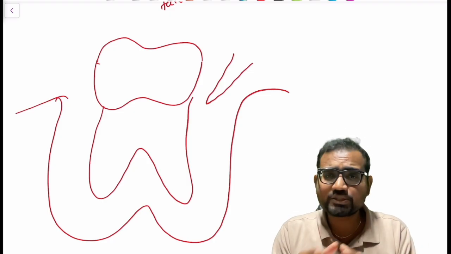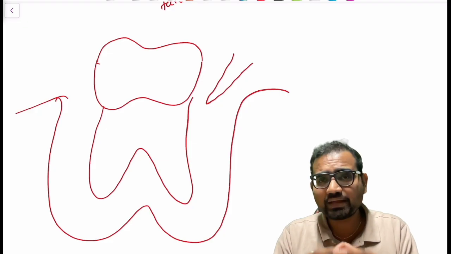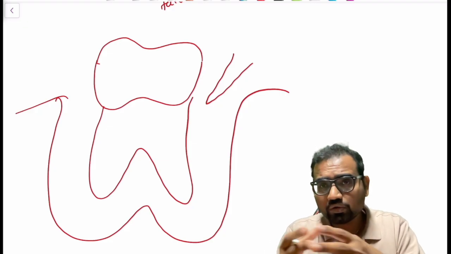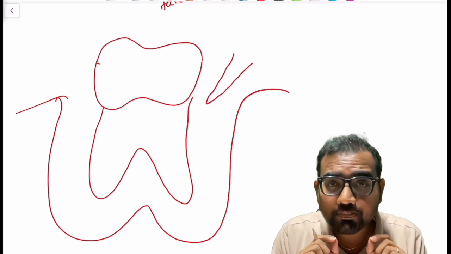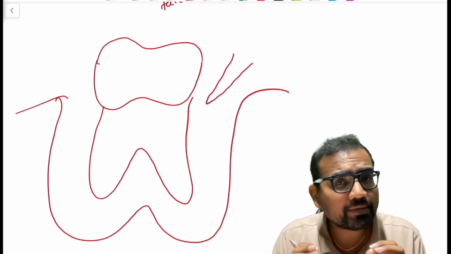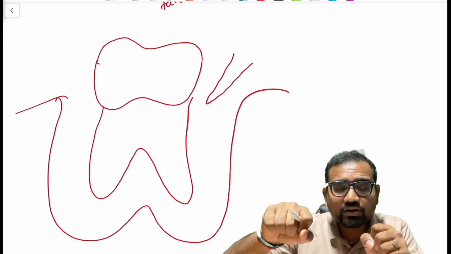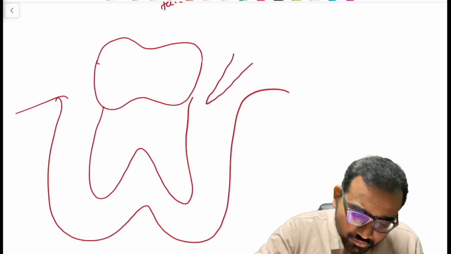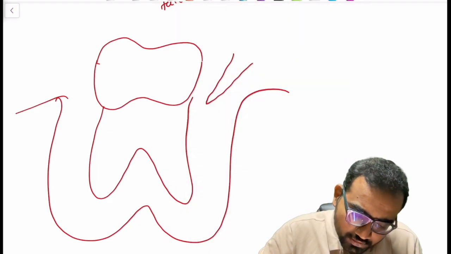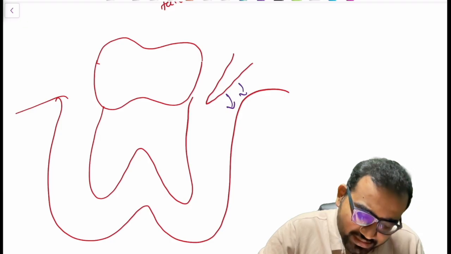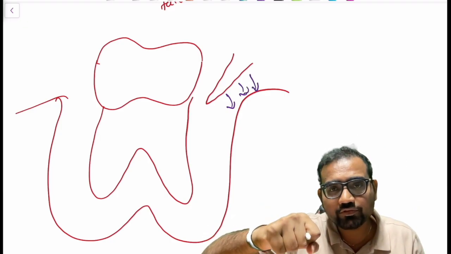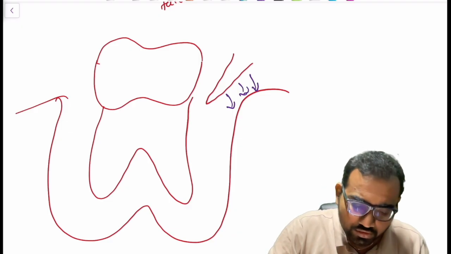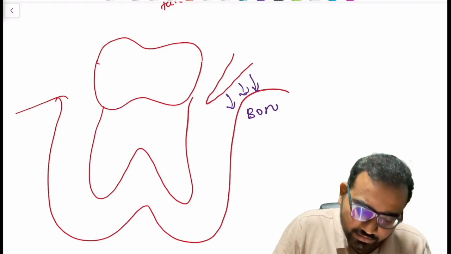Similar to the wedge principle, I'm placing the instrument, the elevator, between the root and the bone. Now I'm going to use the bone as a fulcrum. What does that mean? I will rest the elevator on the fulcrum. So I'm going to rest or push down this elevator over the bone, and then I'm going to give pressure. So I'm using the bone as a fulcrum.